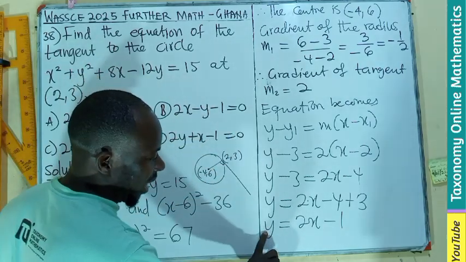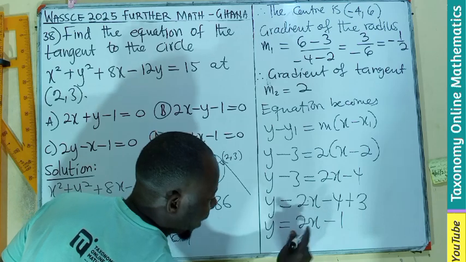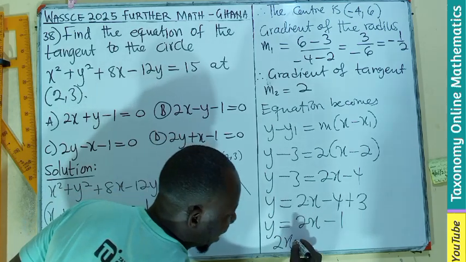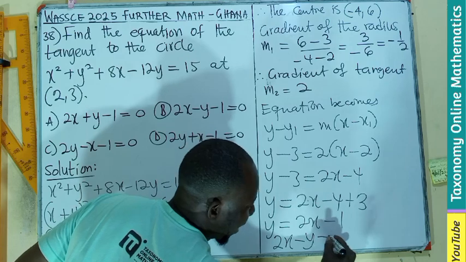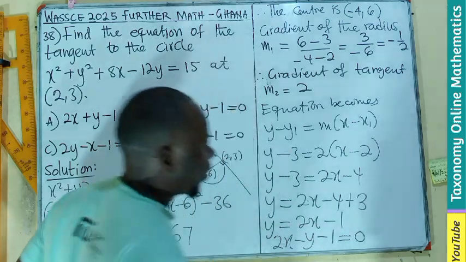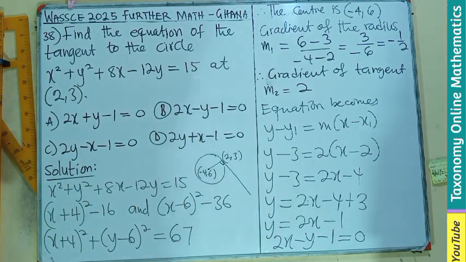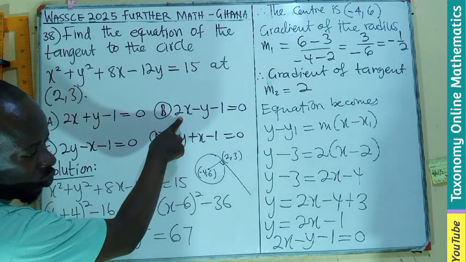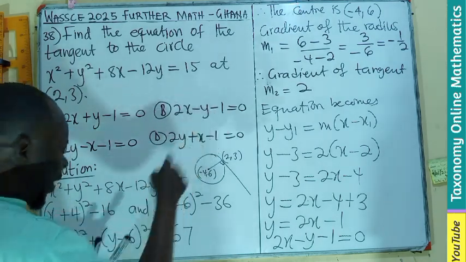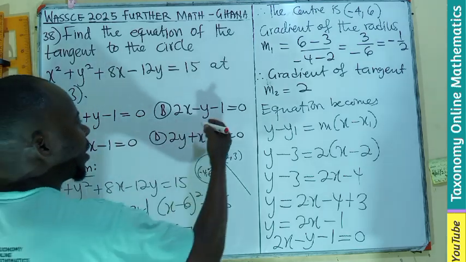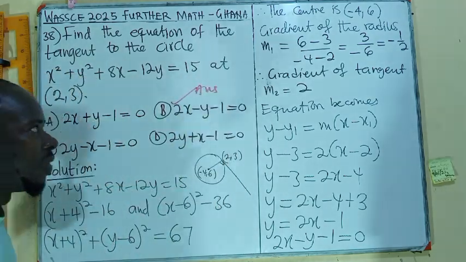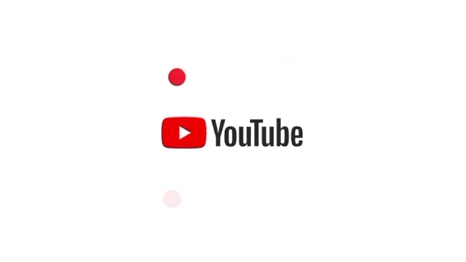So let's transfer this to the other side, making the 2x maintain its position, with y coming in as minus y. The minus 1 maintains its sign, equals 0. So let's check which option: positive 2x, negative y, negative 1. So our option is going to be option B as the preferred choice.